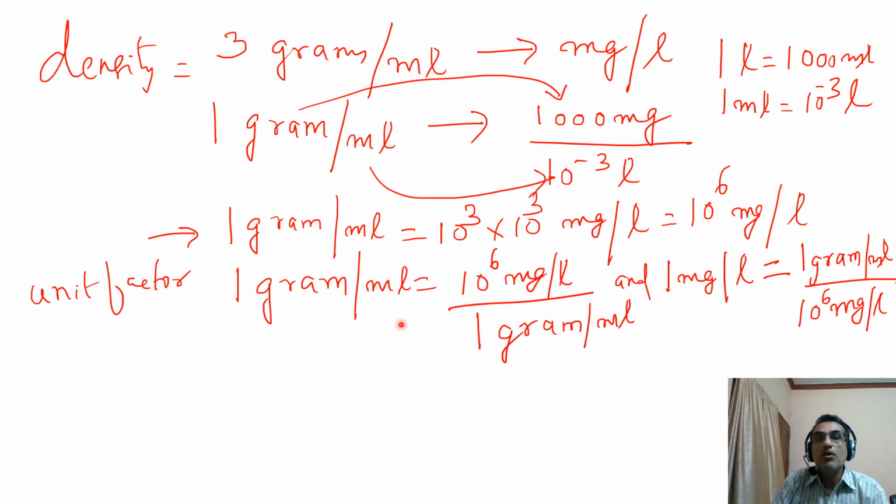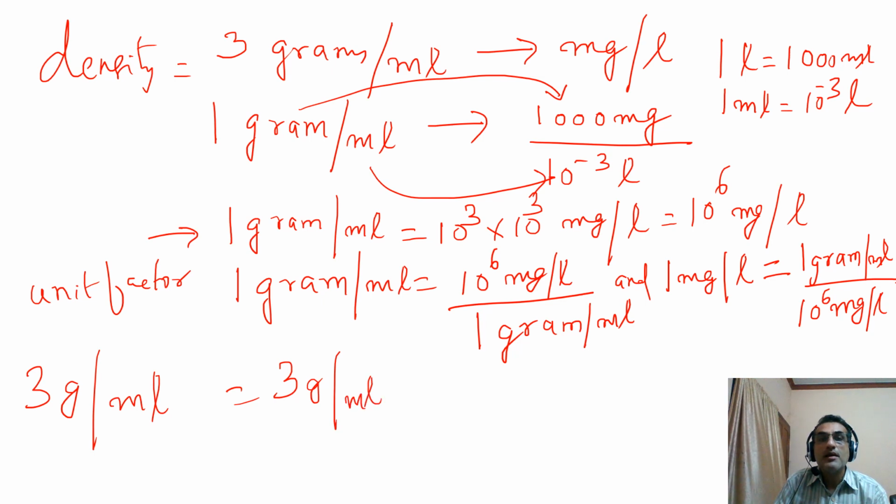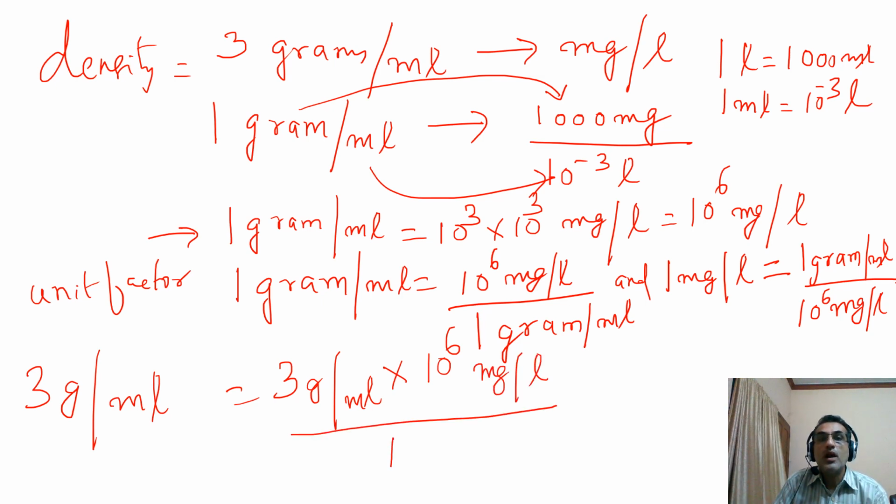So we need to find out in which unit factor the numerator contains this unit, milligrams per liter. So it is this one. So 3 grams per ml will be equal to 3 grams per ml multiplied by 10 raised to 6 milligram per liter divided by 1 gram per ml.